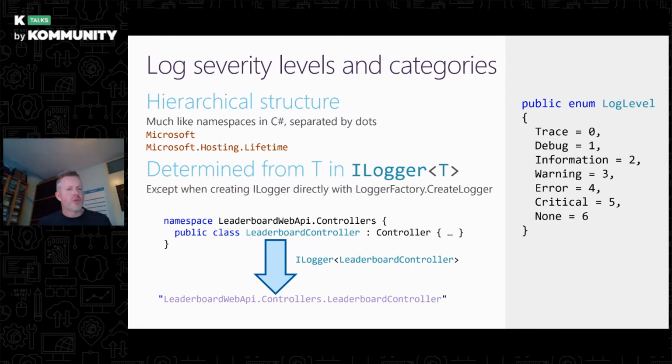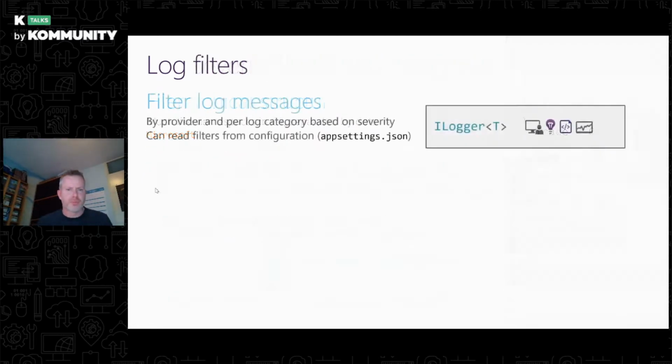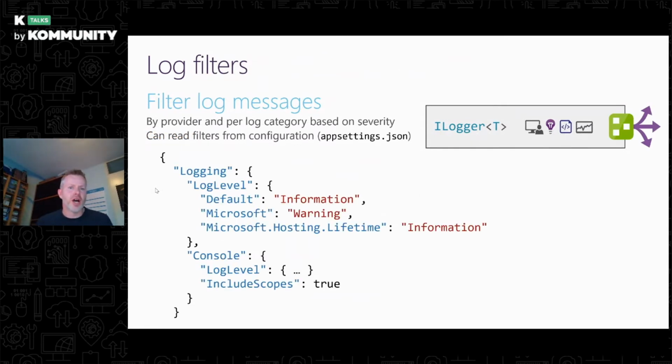And that will help you with filtering, because then you can say, I only want to receive messages from controllers. And then you would put a filter on LeaderboardWebAPI.Controllers.star. And then the star means everything from that point on. You don't have to mention the star, but you can just tweak that from a certain level. That's the log filters that you will apply.